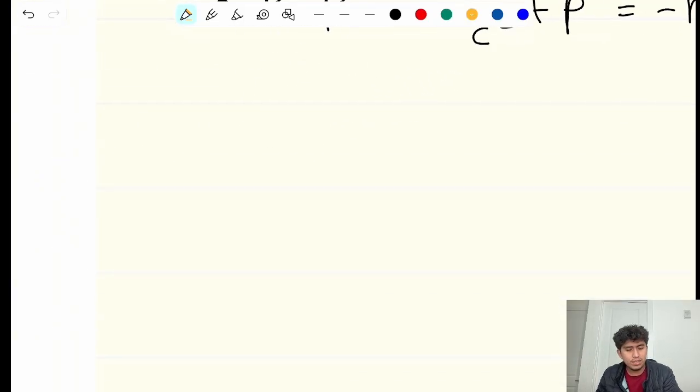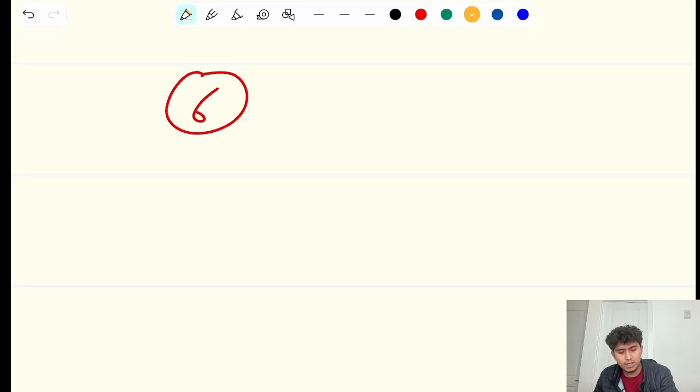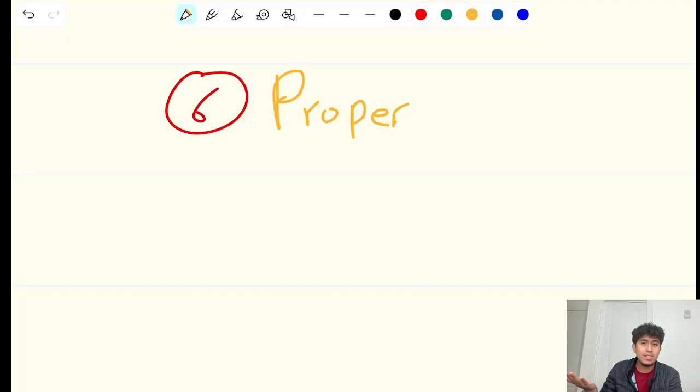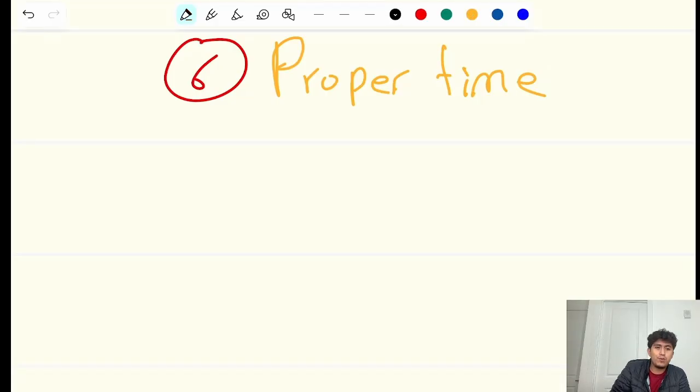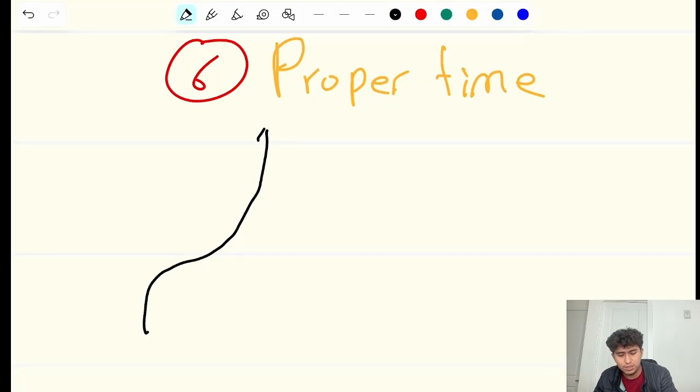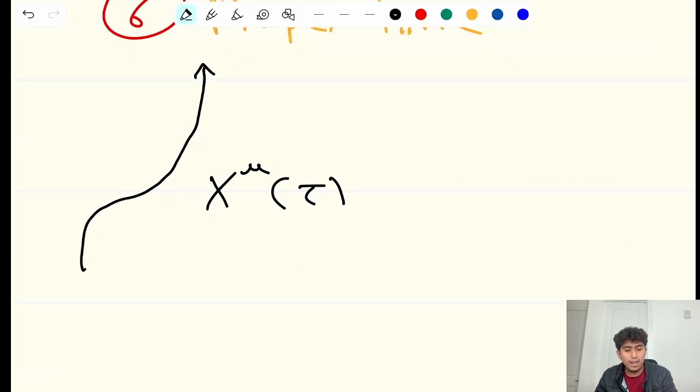Cool. Now next section is going to be proper time, and we're going to define it right now. Consider that we have a moving particle that has some trajectory. We can describe it using the 4 vector and a parameter.